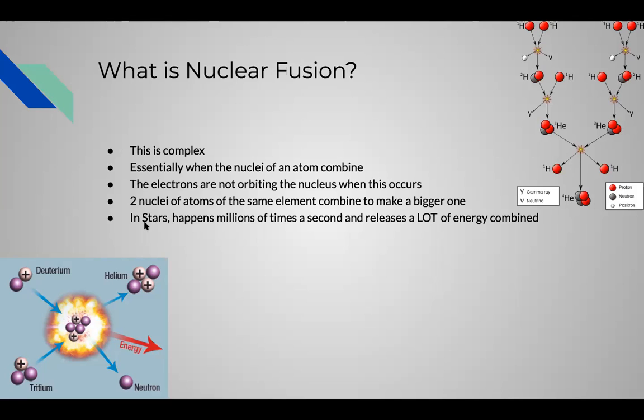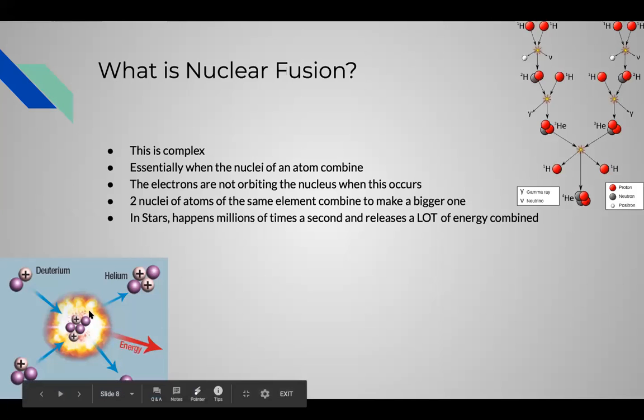Now, in any star, regardless of which one you take, the sun, Sirius, Betelgeuse, this happens millions of times a second. And this releases a lot of energy, like a lot. This diagram here is a very loose example, but suffice it to say what happens.